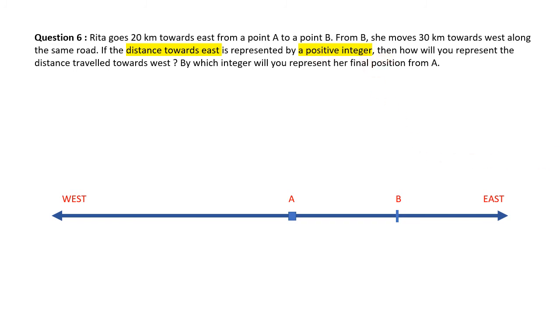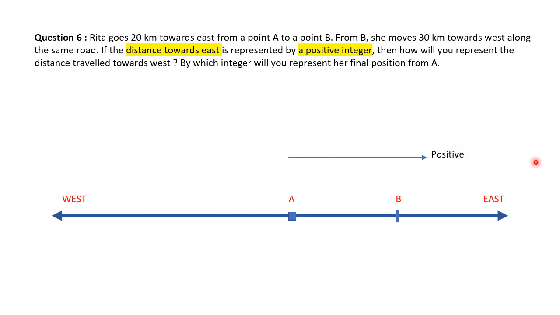What does that mean? It means that any distance that we measure from this point towards east is going to have a positive sign. That is what it means, right?